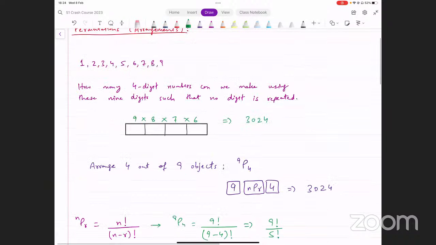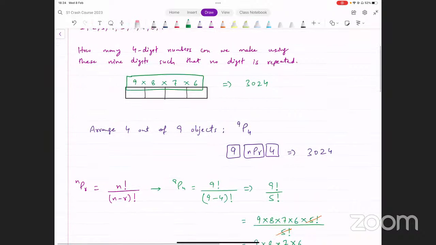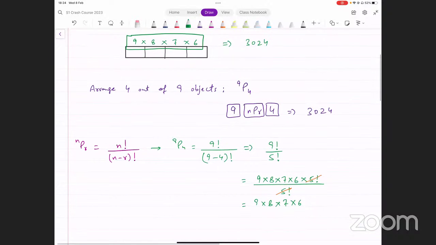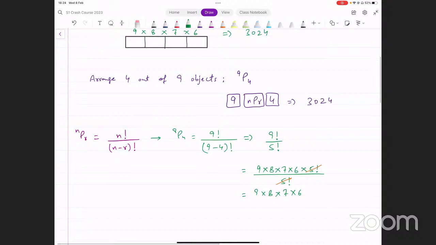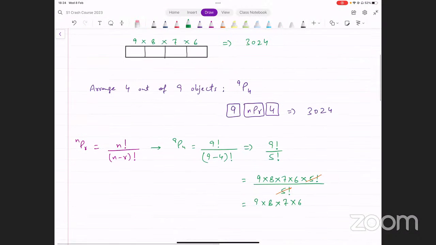And that's exactly what we were doing here as well. So what we were calculating manually earlier, we could use this permutation notation for that directly, and that would give the same result at the end. This results in 3024. So you just input this on your calculator, 9P4, and that is going to give you the result.